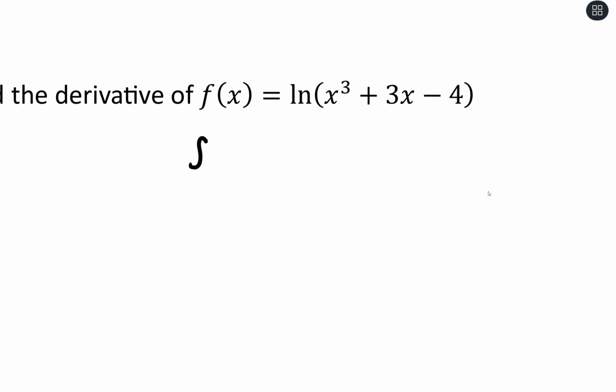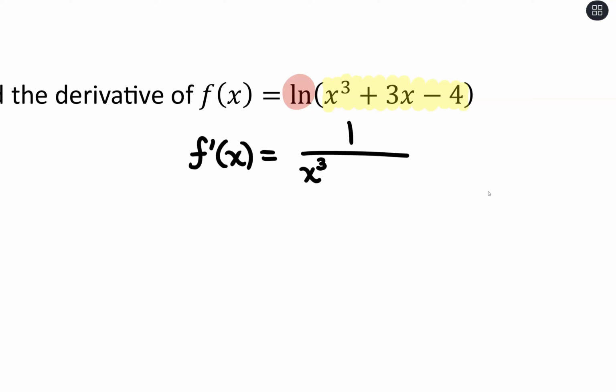Okay, so let's try out some examples here with taking our first derivative, now using these rules. So, taking our first derivative, this is going to be chain rule because we have at the outside of everything the natural log, and then inside the natural log we have our x cubed plus 3x minus 4. So, taking the derivative of the outside function, natural log tells me to take 1 divided by whatever my input is.